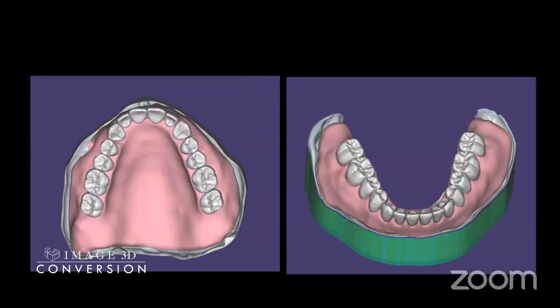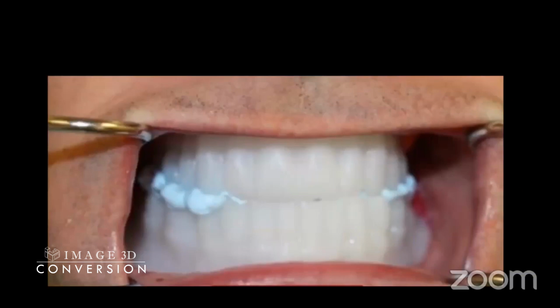So once the wax-up is done, next is the adaptation of the denture bases to the models. That is done. This is the adaptation. Once the models are adapted, the next step is the merging of all the files together and creating a monolith denture. This monolith denture is used to do a trial in the patient's mouth.